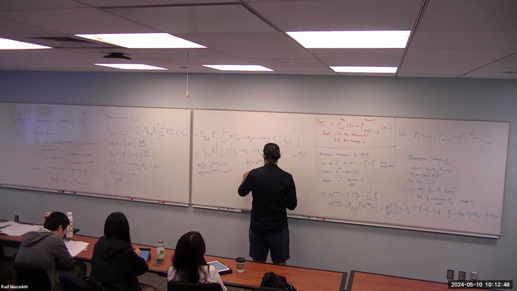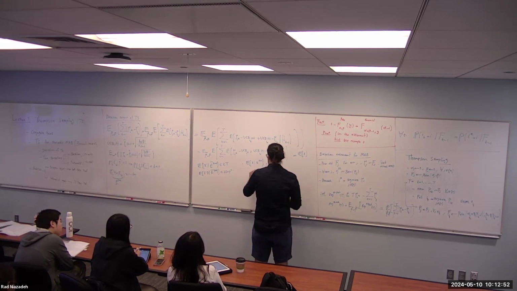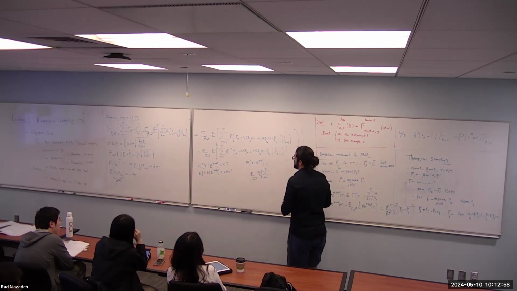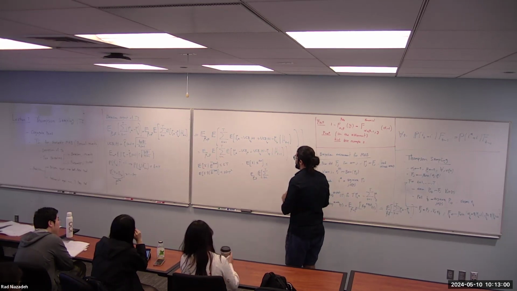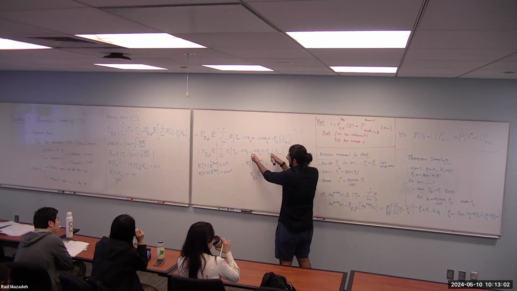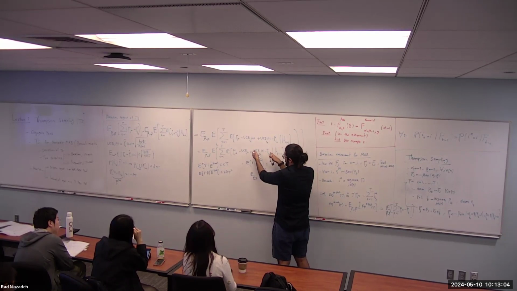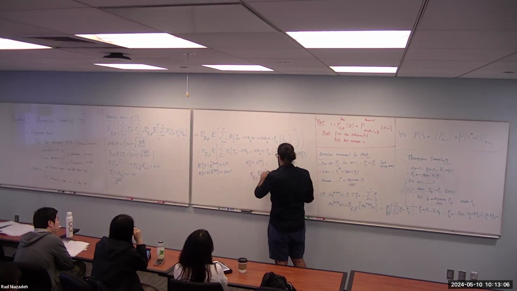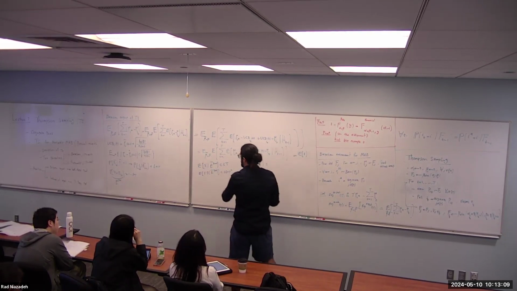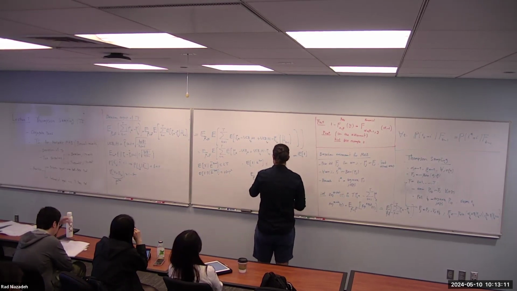So it will be at most expectation of mu drawn from F, expectation of summation t from 1 to capital T. And conditioned on the history, and the good event happening, we know this is going to be bounded by that term.